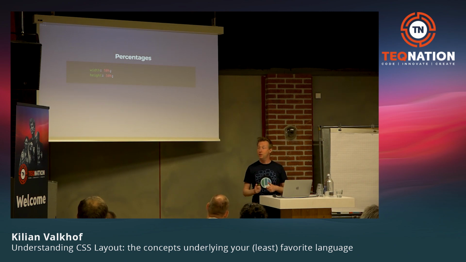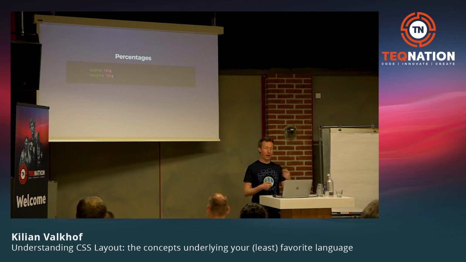And this is because most elements in CSS have a height that's determined by their children. If you add text to an element, the element becomes longer. Or, in other words, a paragraph is as high as the number of lines needed for the text in it.